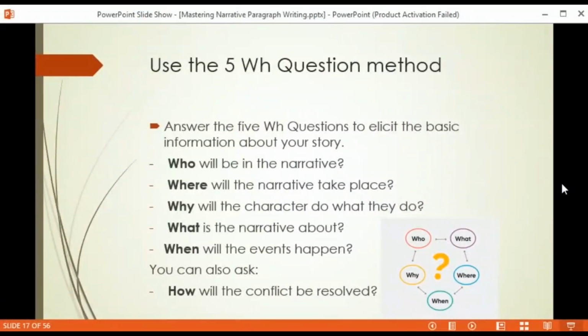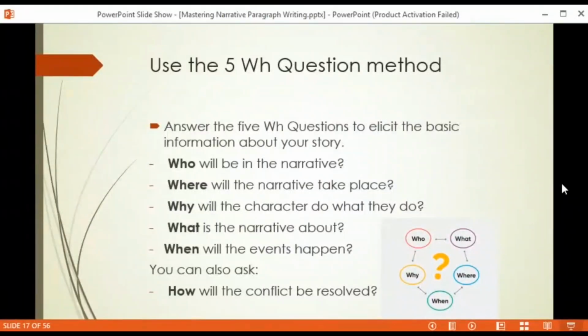Who are the characters? Where will the narrative take place? What is the place of the story? Why will the character do what they do? What is the narrative about? What is the core of the story?